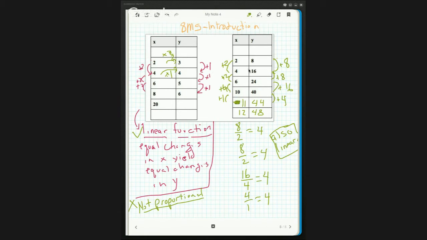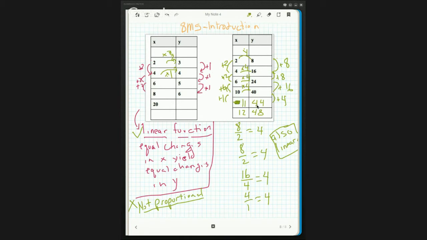On the right side, however, you'll see that to get from the left to the right, we multiply by a certain number. Here we multiply by 4. To get from 4 to 16, we multiply by 4. To get from 6 to 24, we multiply by 4. 10 to 40, we multiply by 4.